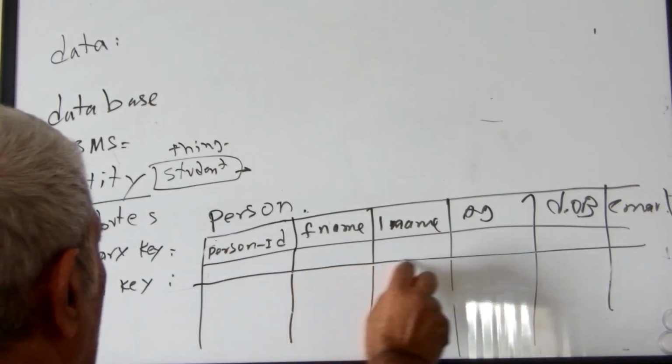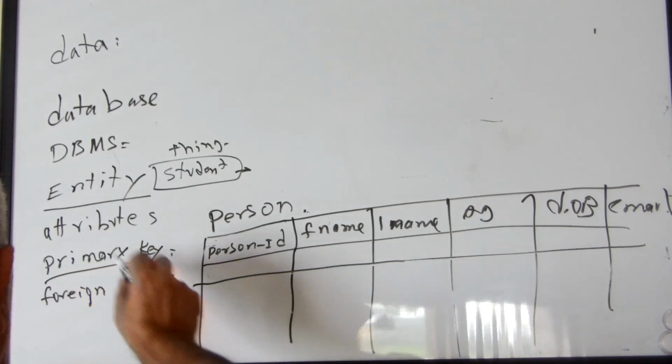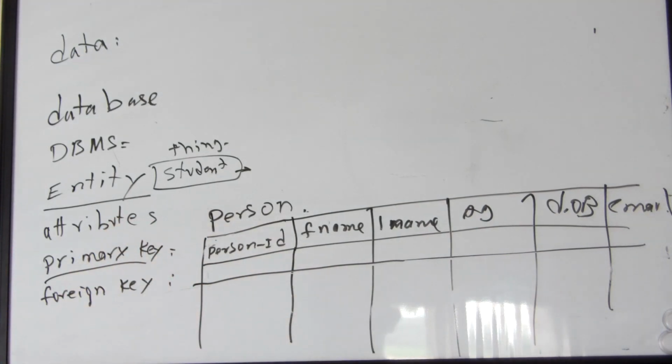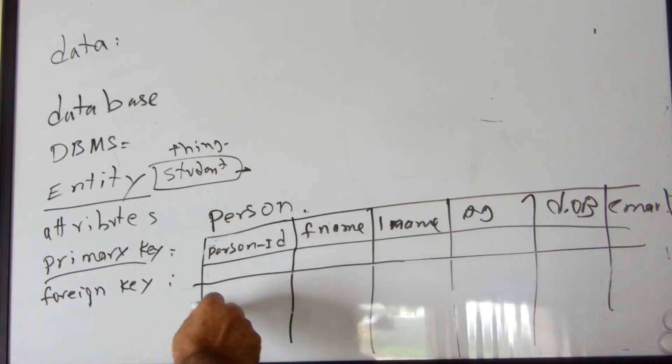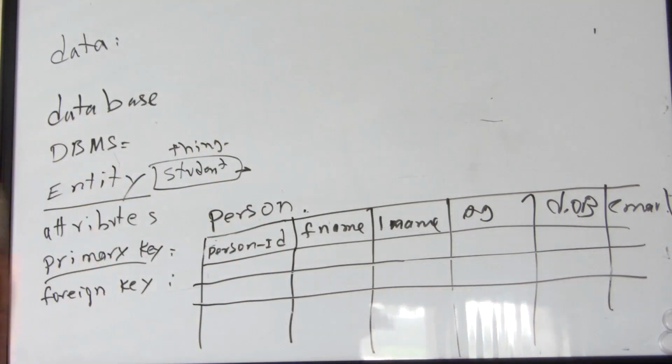Let's talk about primary key. We talked about attribute. Attribute defines the entity, and entity is a thing that you want to get information from.